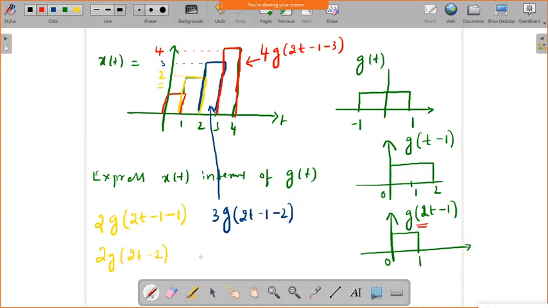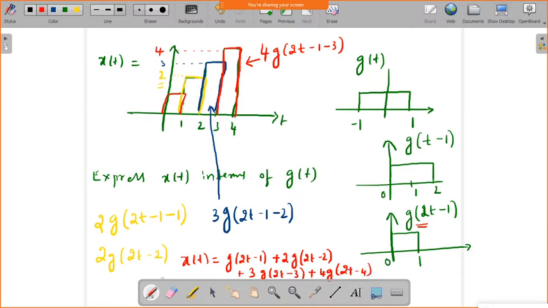So you can express x of t as the sum of all these things. That is, x of t equals g of 2t minus 1, plus 2 into g of 2t minus 2, plus 3 into g of 2t minus 3, plus 4 into g of 2t minus 4.